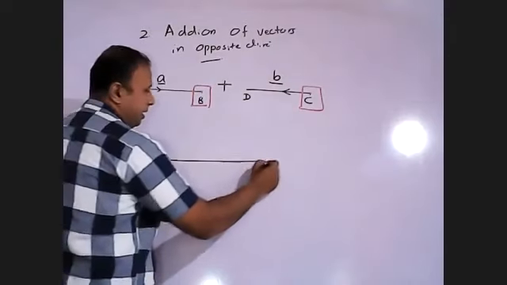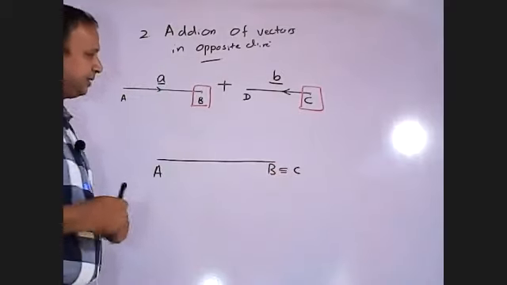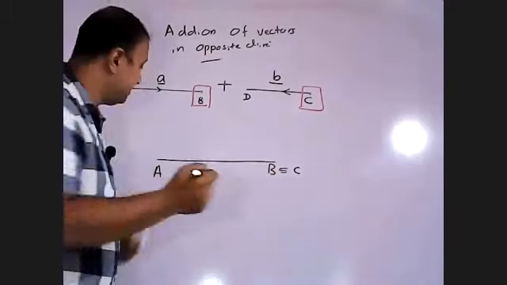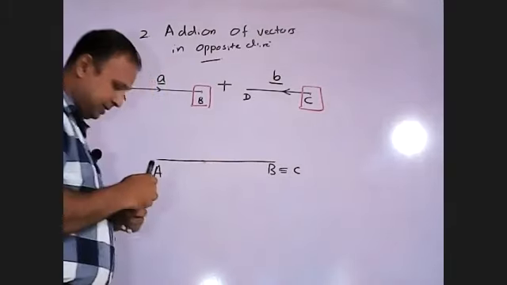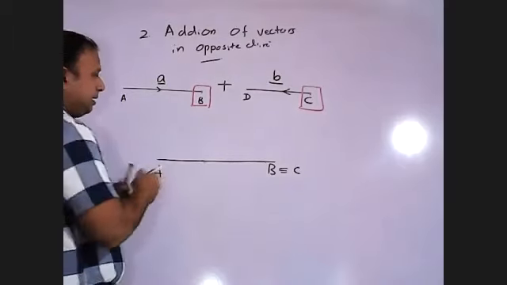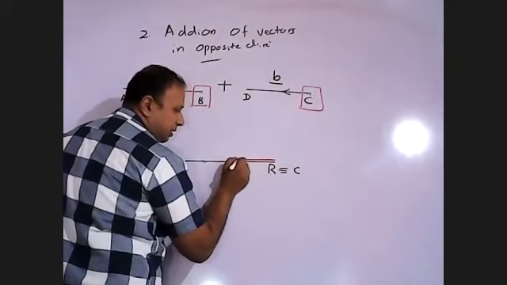Now A, B and C. If I coincide B and C, then this vector will be here.